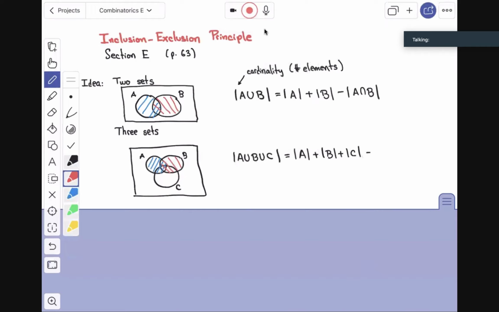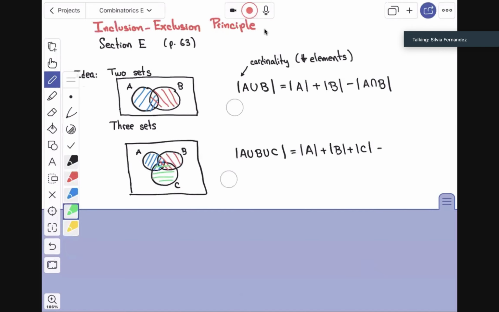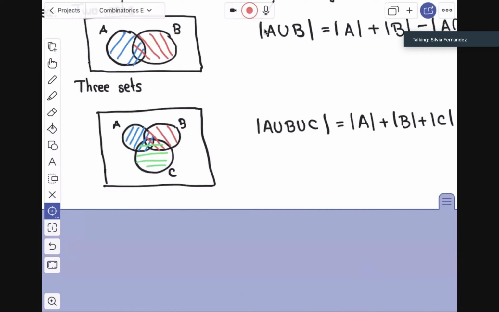When I add C, I'm adding all of that, right? And if I zoom in, there are these tiny regions that are counted twice, or this region here that's blue and green.